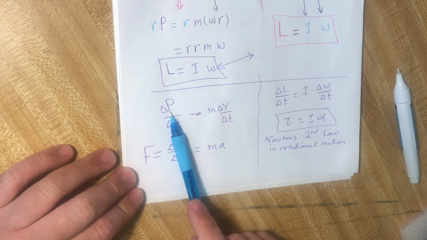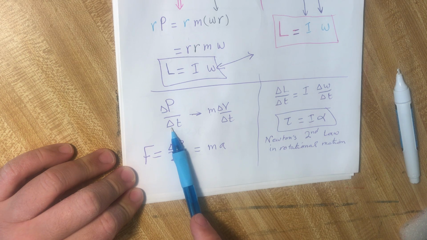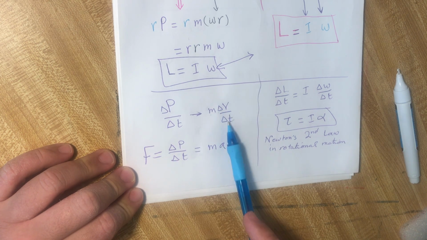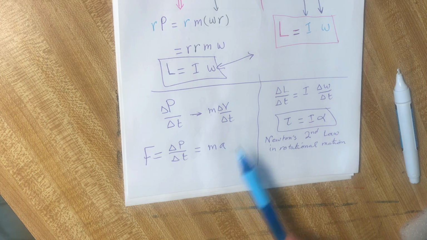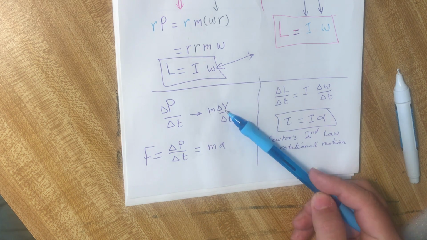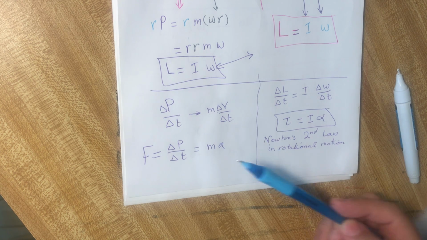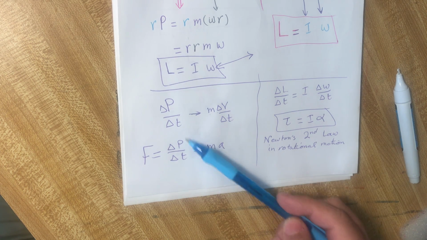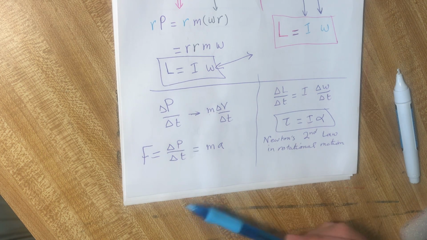Then with delta t in the denominator, it will be m delta v over delta t. Delta v over delta t is the acceleration, and the mass is the mass. So the change in momentum over the change in time is the force, which is ma.